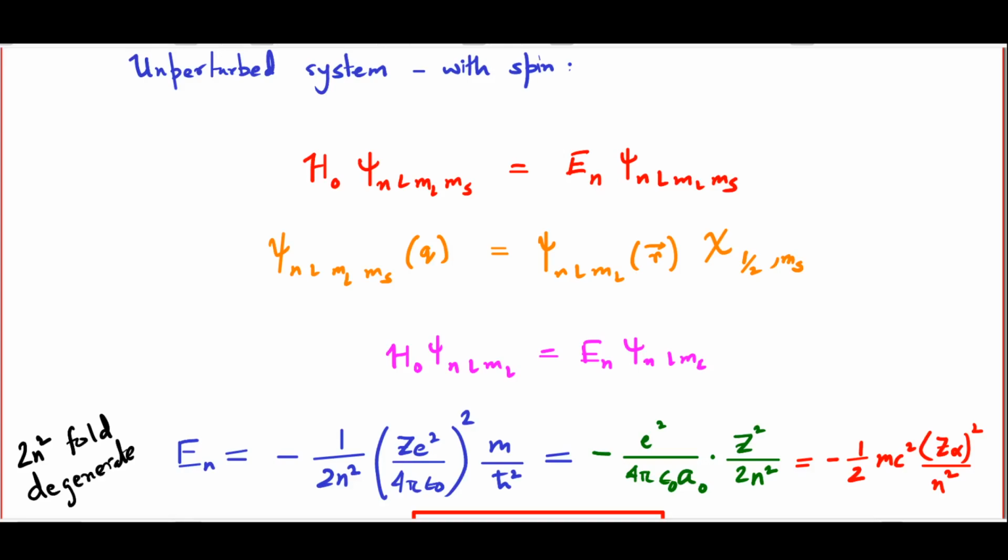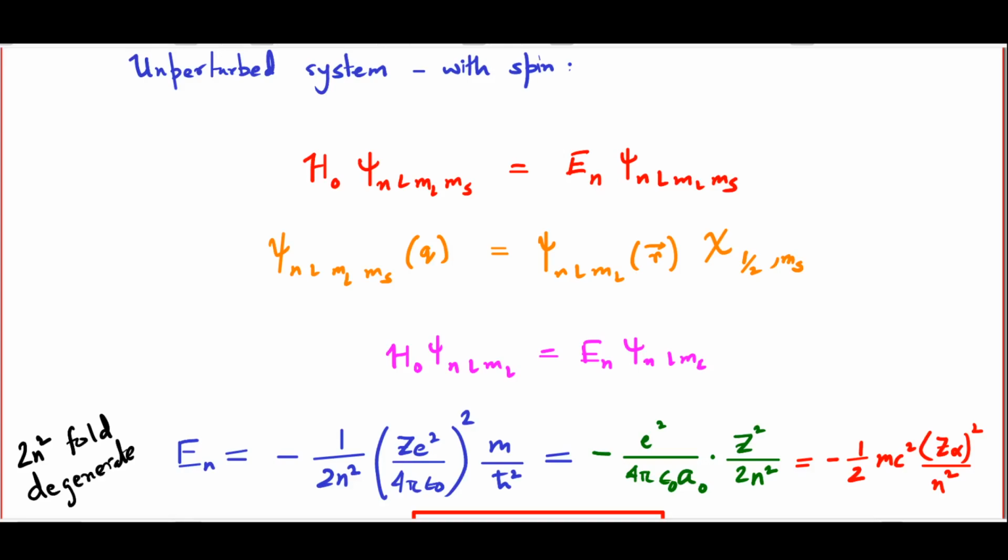Now these wave functions psi, NL, ML, MS depend on the configuration of the electron. I have denoted the configuration here by Q. The configuration contains in it both the position of the electron and its spin state. And because the Hamiltonian H0 does not depend on the spin, it is easy to see that you can split up the wave function into 2 pieces, one depending only on r vector, x, y, z coordinates of the electron, and the other depending only on the spin state.